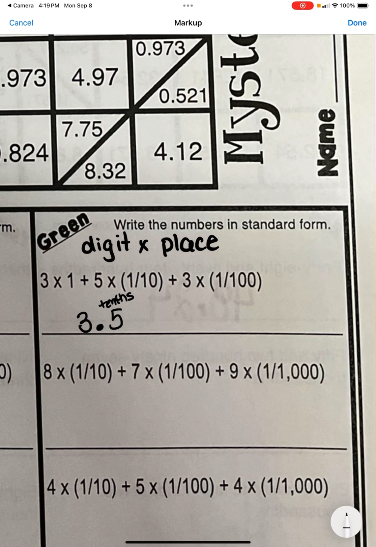When students are doing decimals, it's usually helpful to think of money. So any number in the hundredths place would be equivalent to a penny, whereas any number in the tenths place would be equivalent to a dime.